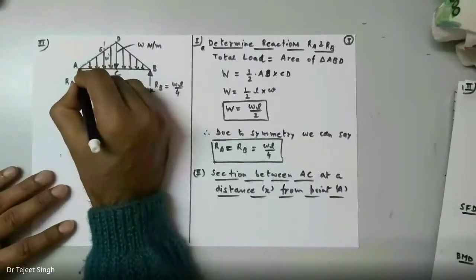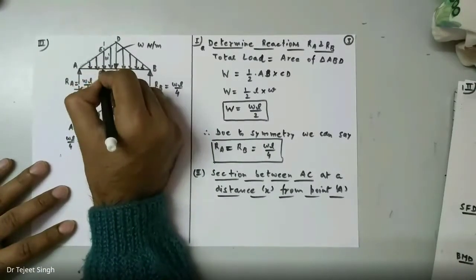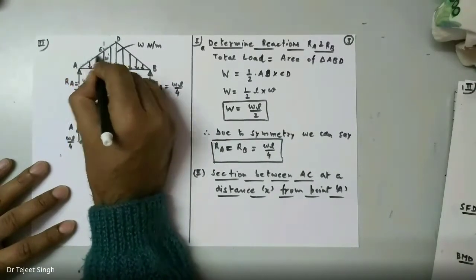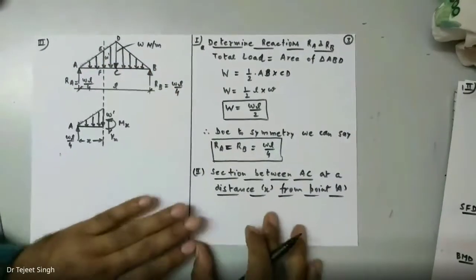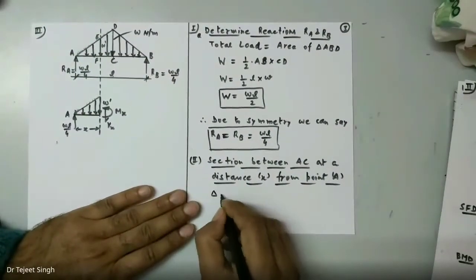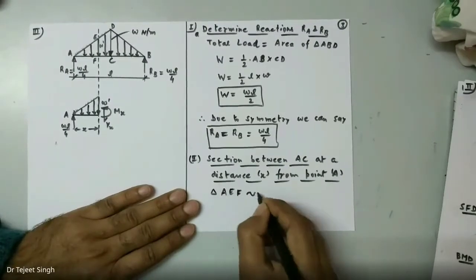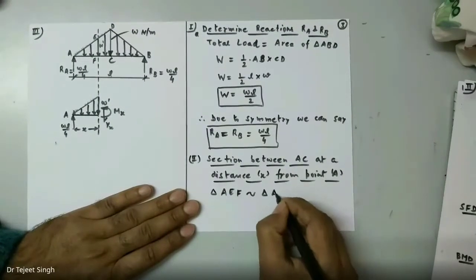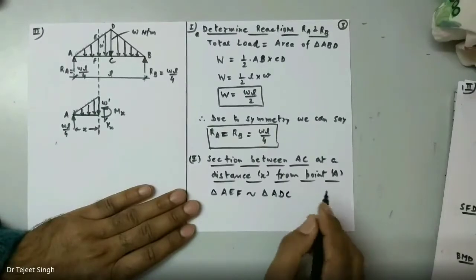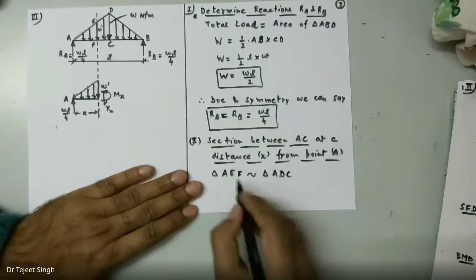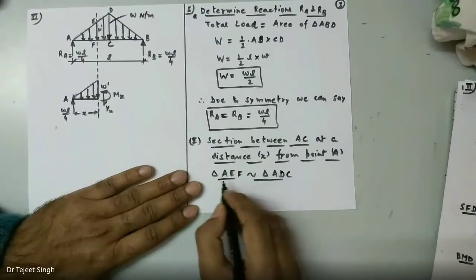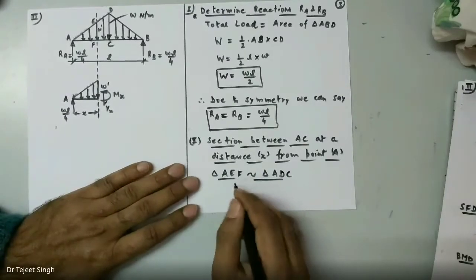तो ये मेरे पास दो ट्राइंगल्स हैं AEF and triangle ADC. So right, triangle AEF is similar to triangle ADC. So both are similar triangles. So अगर ट्राइंगल सिमिलर हैं तो उनकी जो साइड्स की रेशियो है वो सेम रहती है.